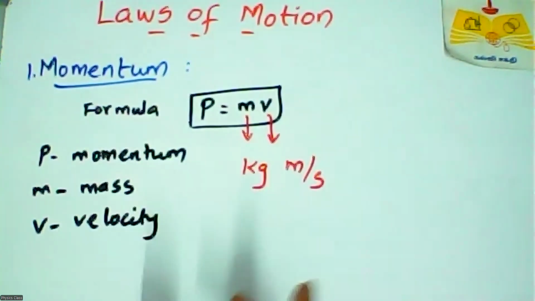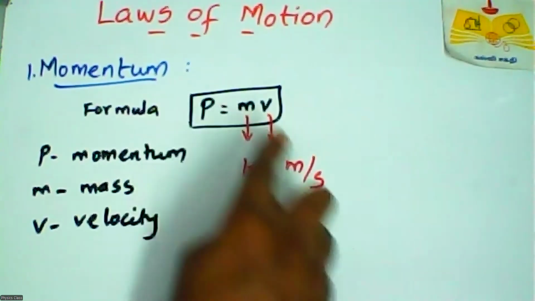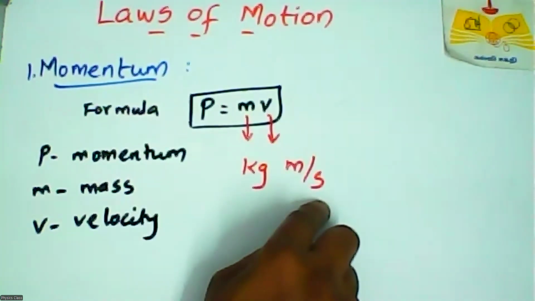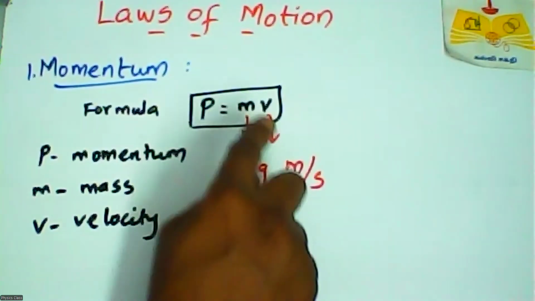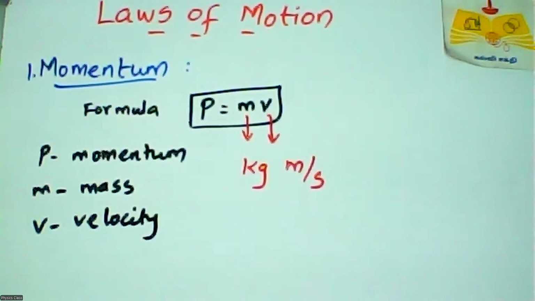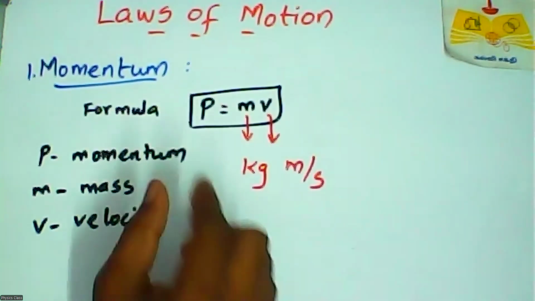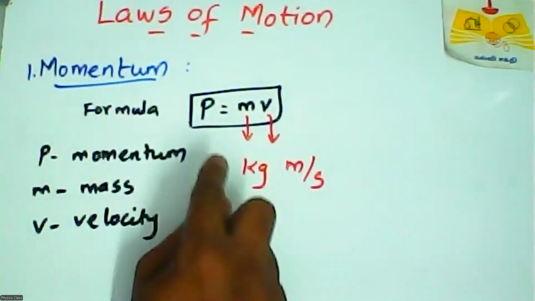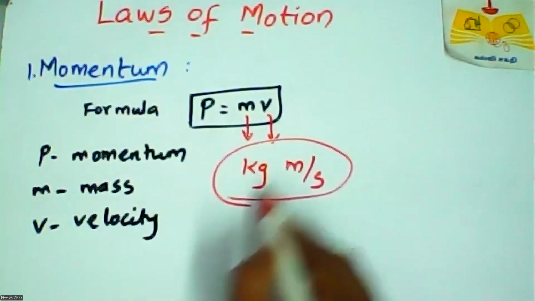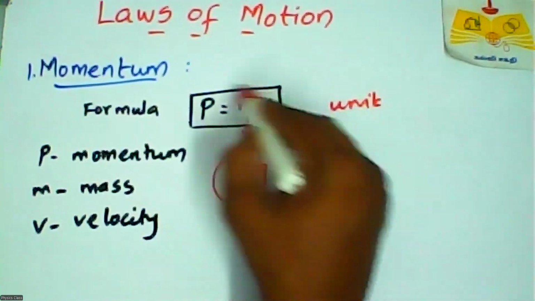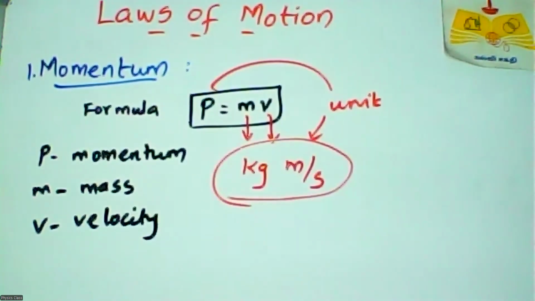So kg times m per s, meter per second, which is the unit for velocity. So the unit of momentum is kilogram meter per second. Now you may be clear with this concept.